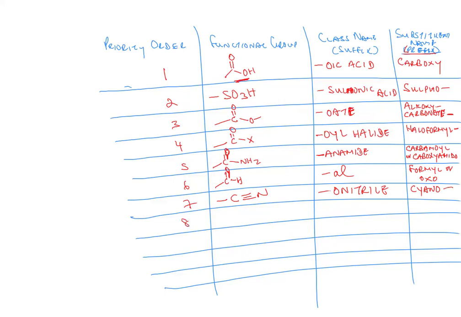Then the eighth one, yeah, that is the ketone part coming on, ending with one, like al. And this is one. And if it is a prefix, then it's keto or oxo.